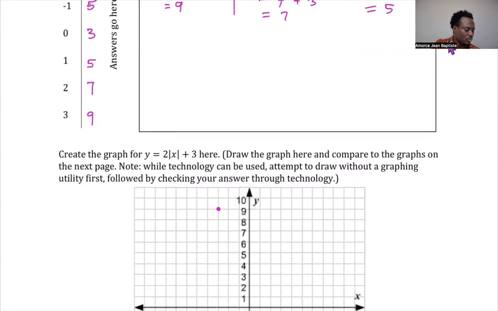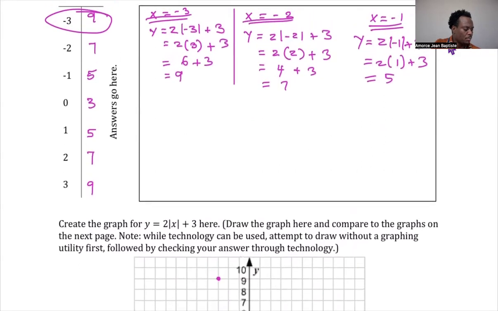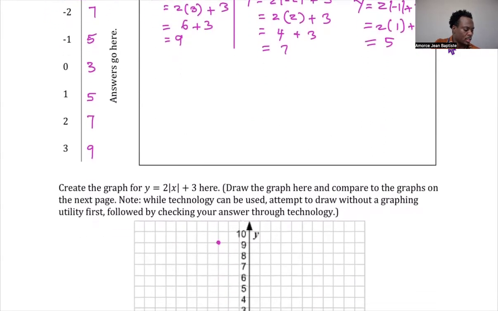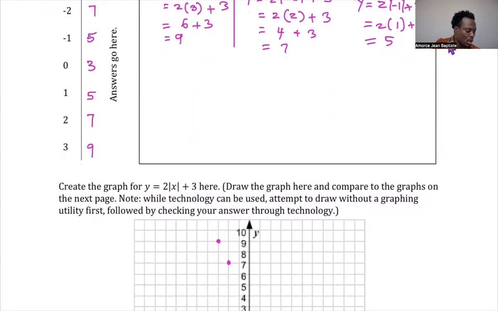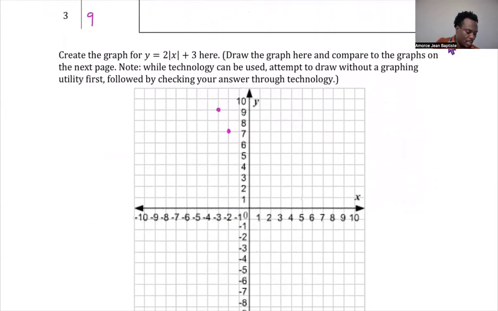X equals -2, y equals 7, -2, 7. X equals -1, y equals 5, -1, 5.